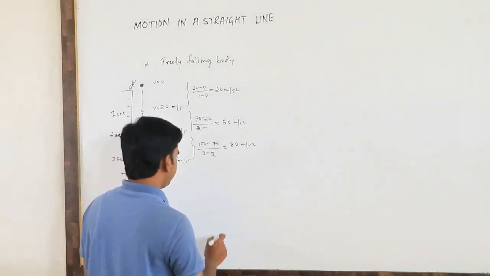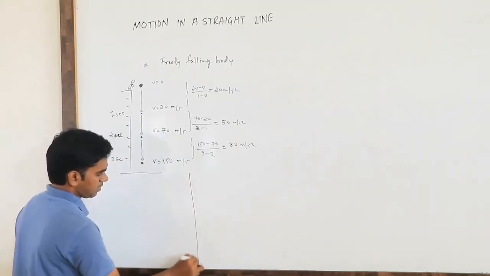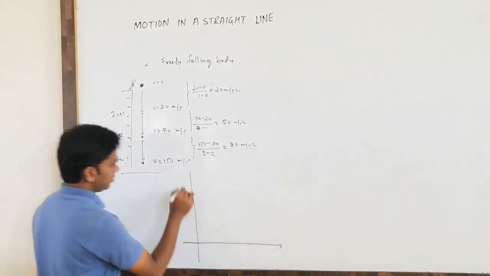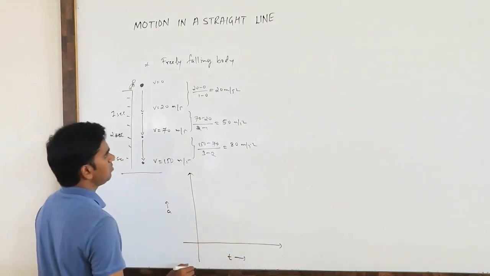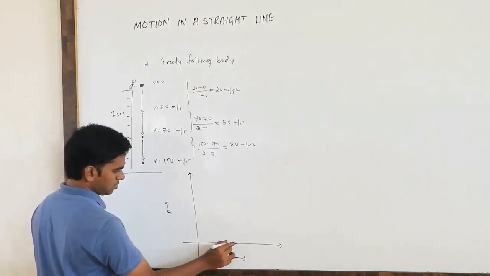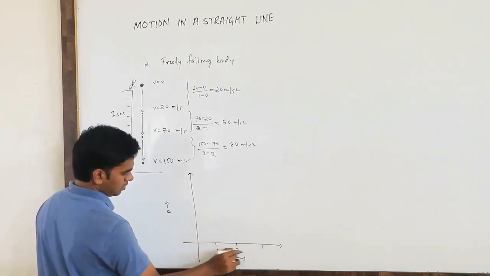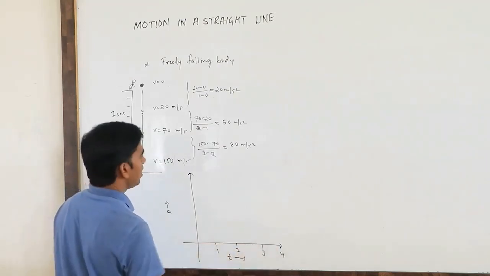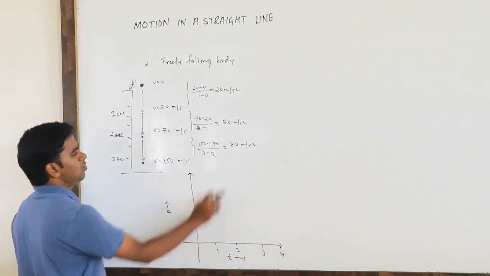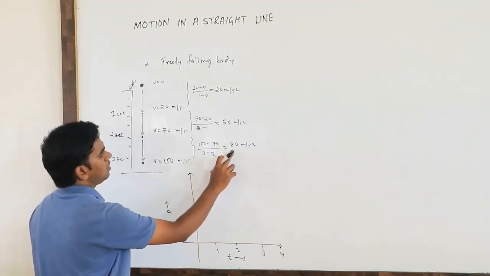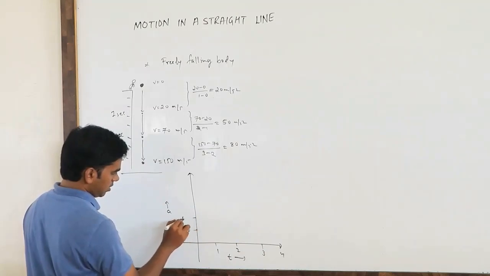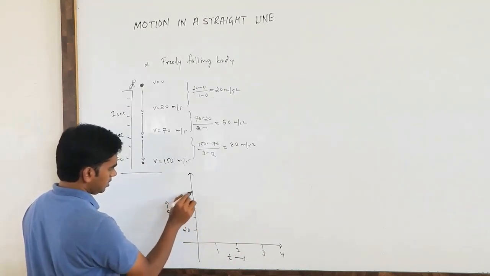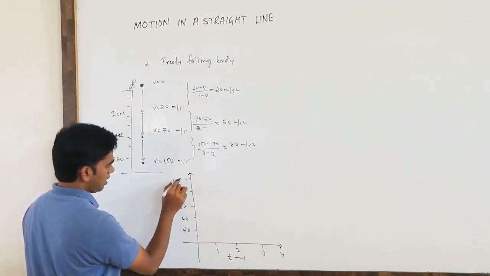You will get a graph something like this. This is acceleration and time. How many time points are there? Three, so 1, 2, 3. If you want, you can take 4 also. Till 80 is what we want, so I will take 20, 40, 60, 80, 100 if you want.